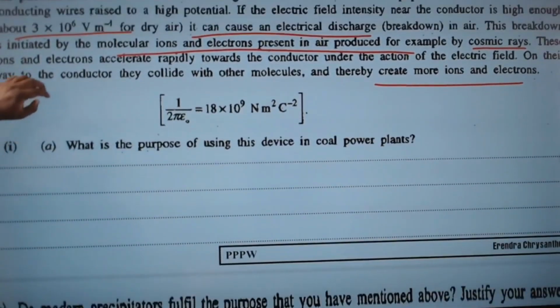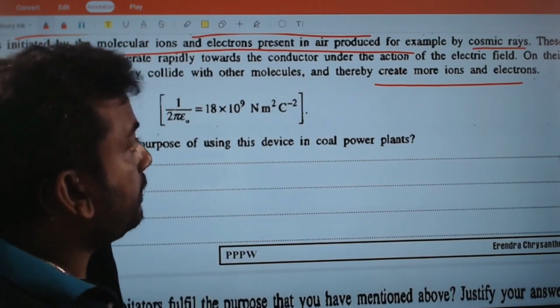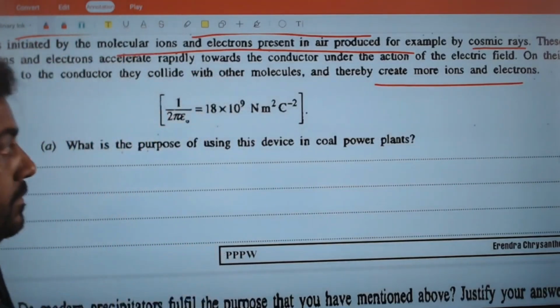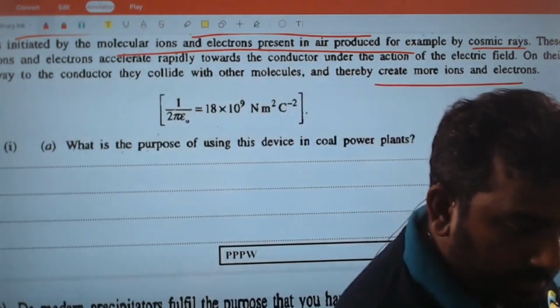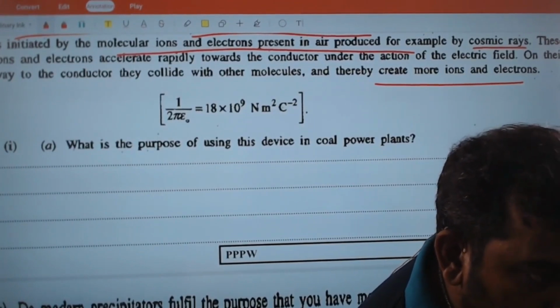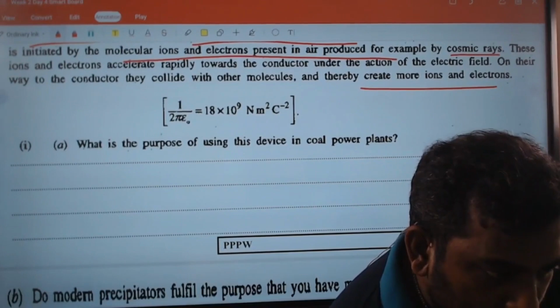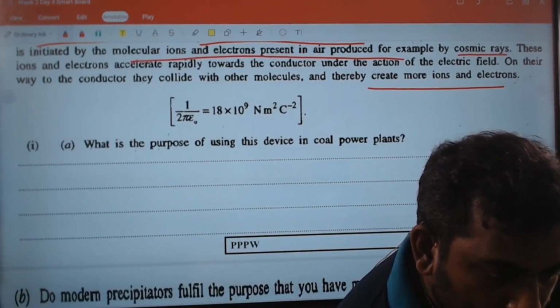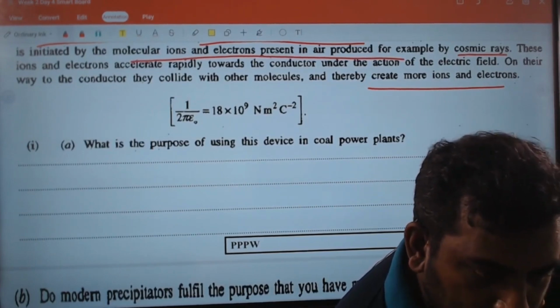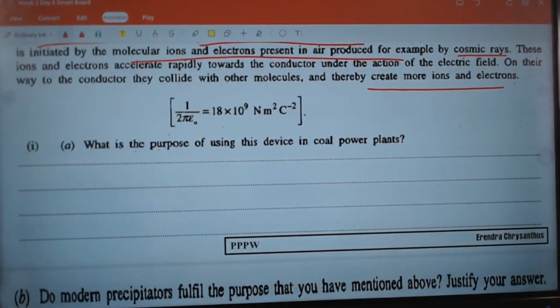Now the question. What is the purpose of using this device near coal power plants? So what's the reason?